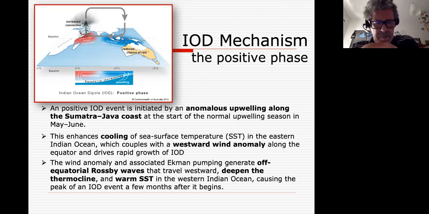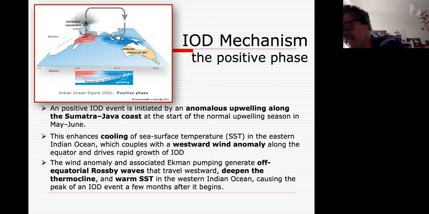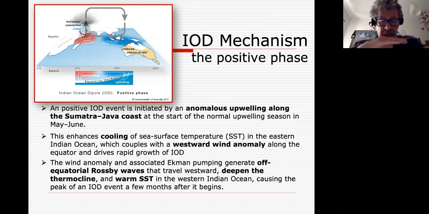So again, the wind anomaly and the Ekman pumping or suction generate off-equatorial Rossby waves that travel westward, and their effect, as in the Nino, is to deepen the thermocline on the western side.